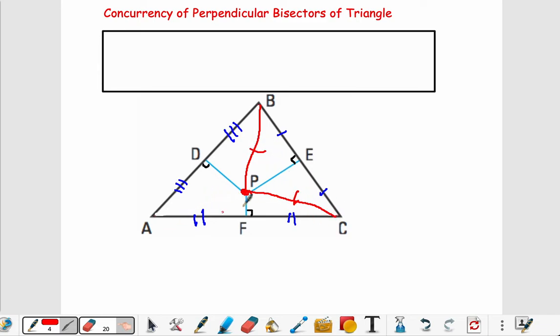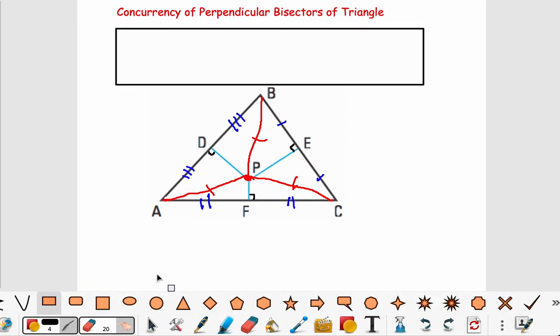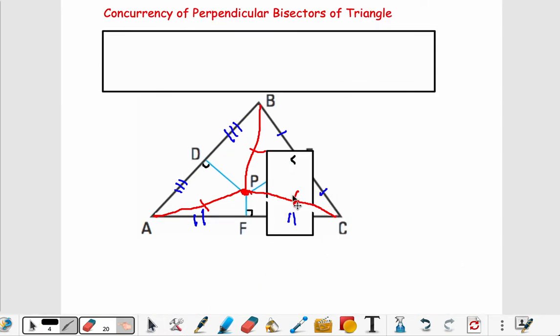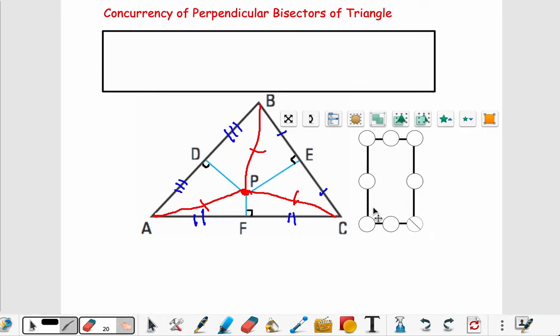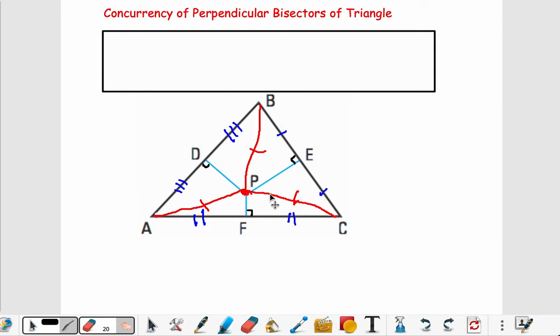And now if we look at the bottom perpendicular bisector, PC has to be the same length as PA. And PB would have to be the same as PA. We already have that marked in, but if you ignore everything else down here, you just have one simple situation that we were having no problem with before.